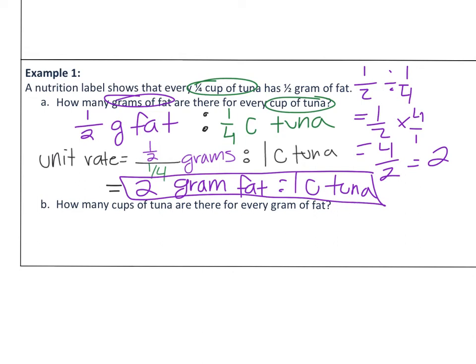Okay, and for the other one, how many cups of tuna are there for every gram of fat? So first I'm going to find the ratio of, we'll do it tiny over here, tuna to fat. There's 1/4 cup of tuna to 1/2 gram of fat.